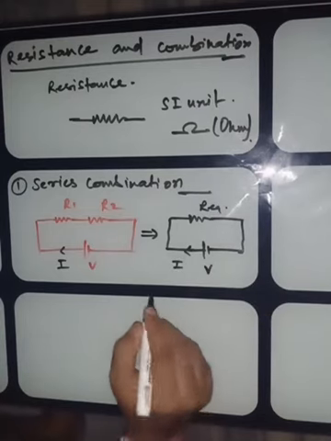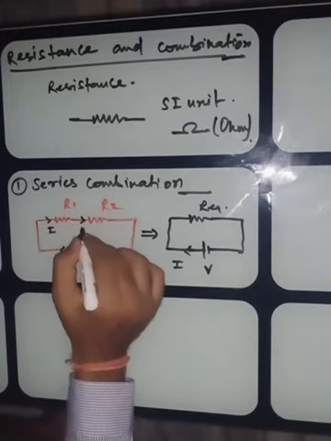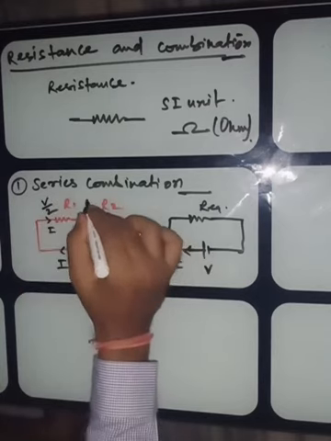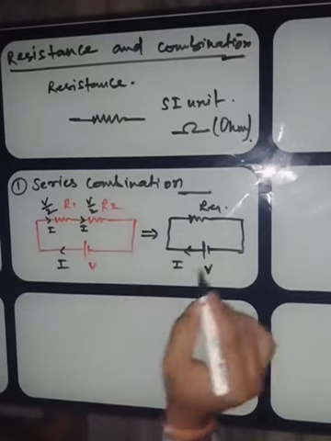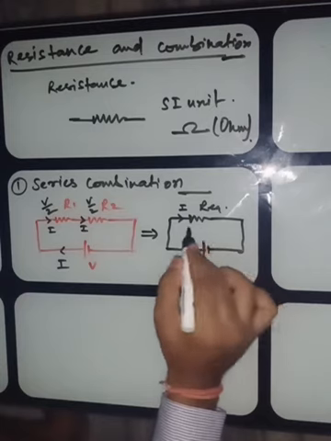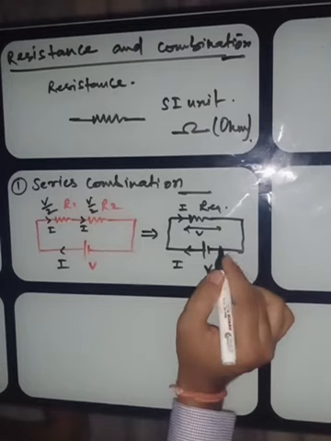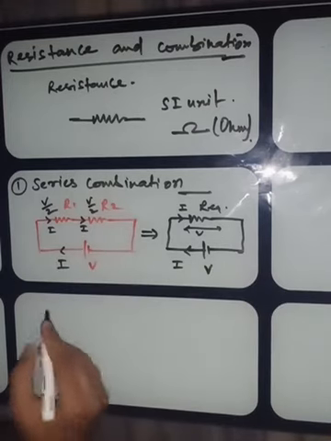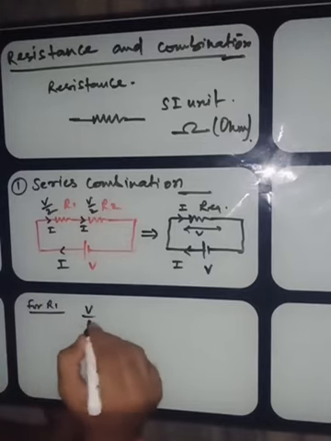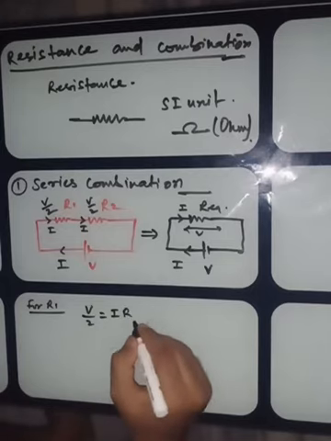What are the key points? The current will be the same in series as the charge was the same. Here the current will be the same, but what will divide? Yes, the potential will divide, V by 2 and V by 2. Here the current will be I, the total current, and the total potential V will be across this resistor. Now my dear students, if you apply Ohm's law individually, then for R1, V by 2 is equal to I R1.